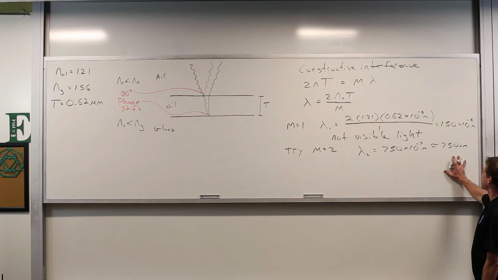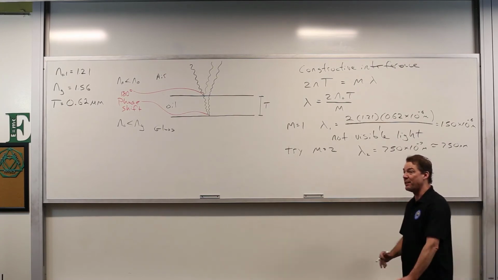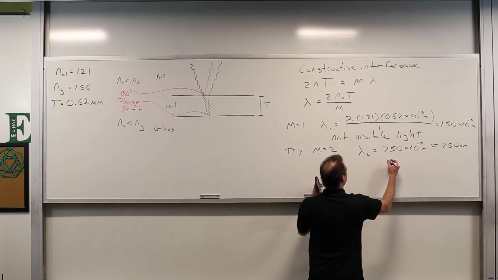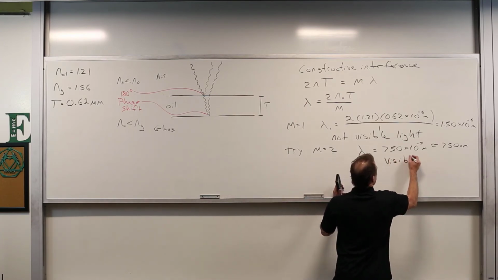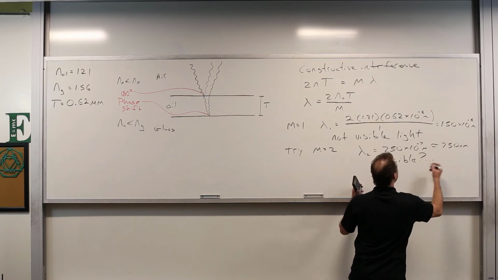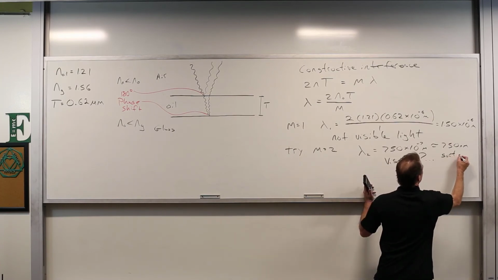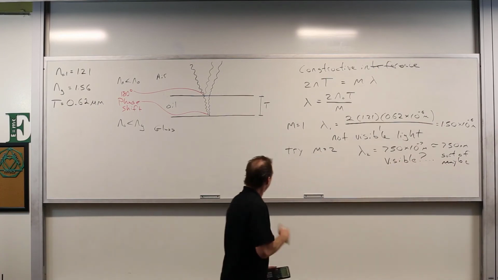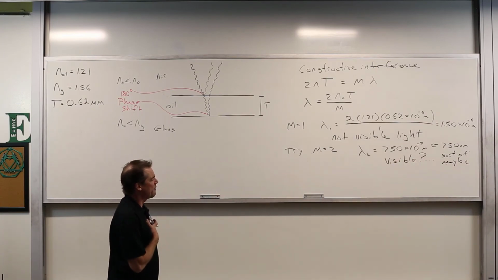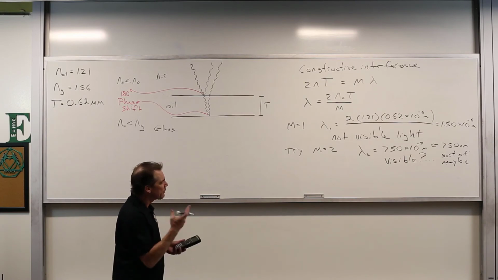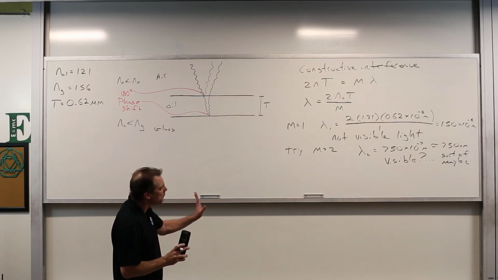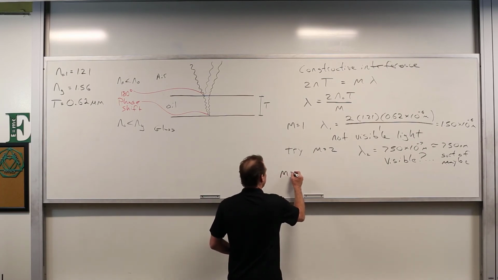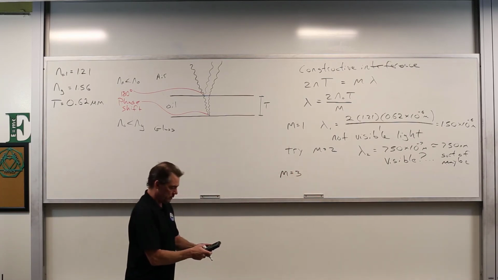Let's try to find something that's definitely visible, between 700 and 400 nanometers. So, visible, sort of. Sort of maybe, depending on the sensitivity of your eyes. Different people have different sensitivities to the ends of the spectrum, but we're just going to say, nah, let's try m equals 3.